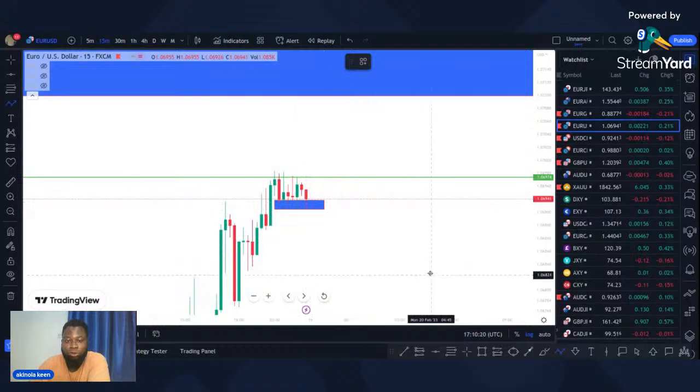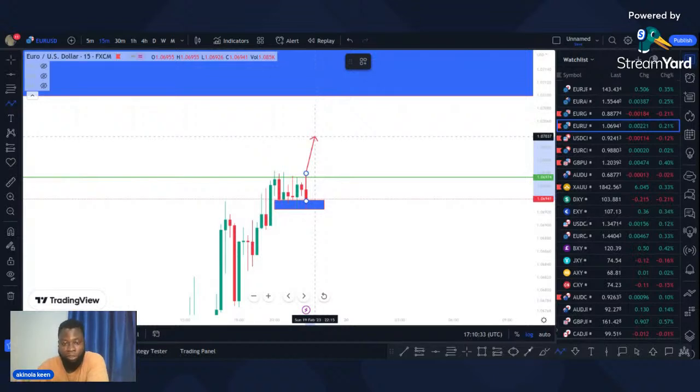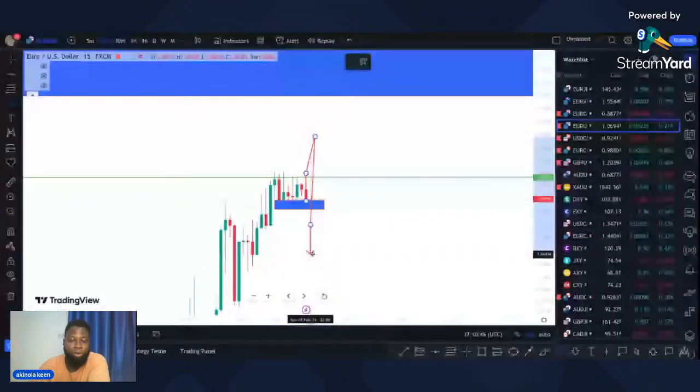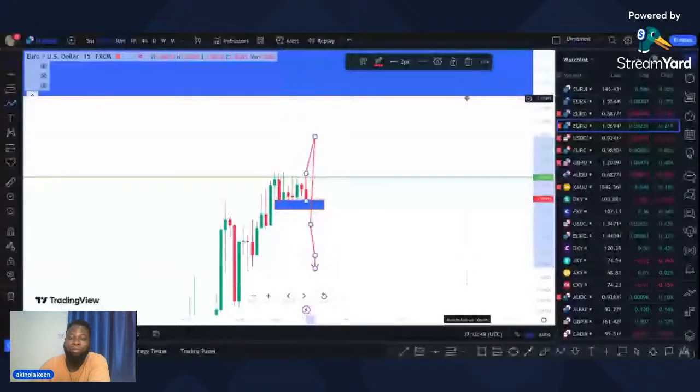So to make use of this, if you see any breakout, don't target more than 1:1 or at most 1:2, because it is not sure at this level. But if you see the breakout of this support level, you can target 1:2 to 1:3 because it's in support of what is happening currently in the market.